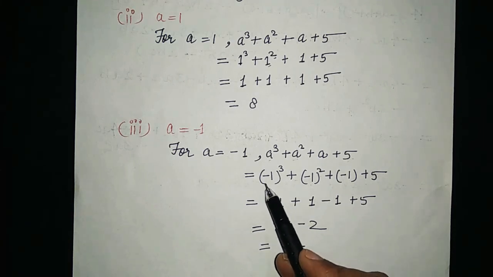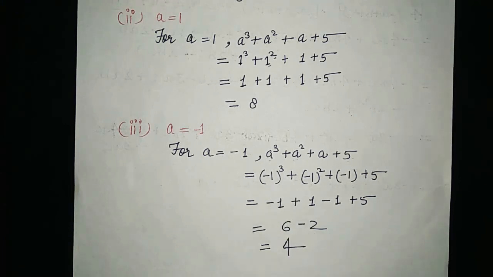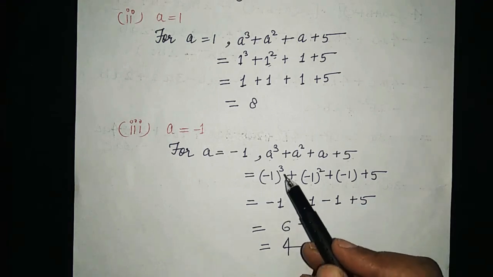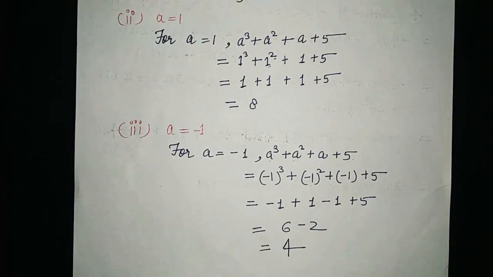But if you multiply the minus sign an odd number of times, what will you get? Minus. Here odd number of times means 3 times. So minus will come. And plus minus 1 into minus 1, what will come here? 1. And this plus and this minus, if you multiply, you get minus 1, and this 5.